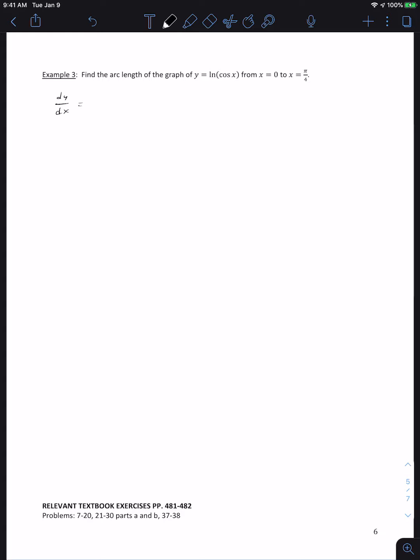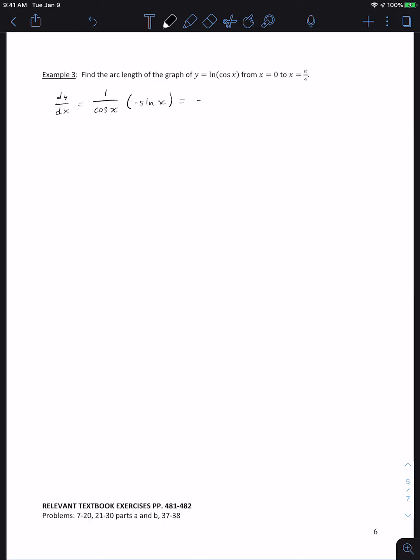Let's find the derivative. In order to find the derivative of this, it's ln of cosine of x. So again, it's a function inside of a function where I need the chain rule. So the derivative of ln of something is 1 over that something. So I run over, leave the inside of the function alone. Now I chain on the derivative of cosine, which is negative sine x.